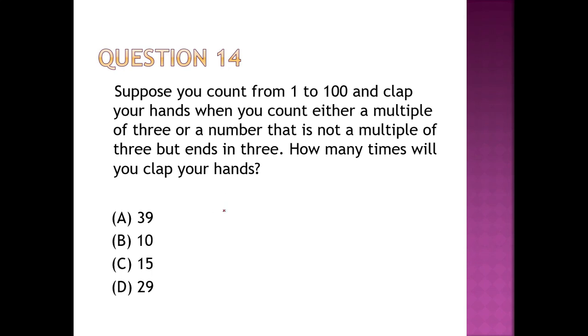Well, a multiple of a number is a number that can be divided by that number without leaving a remainder. The first thing that should come to your mind is the times table: 3 ones are 3, 3 twos are 6, 3 threes are 9, 3 fours are 12, 3 fives are 15, and so forth. So the times table is in multiples.